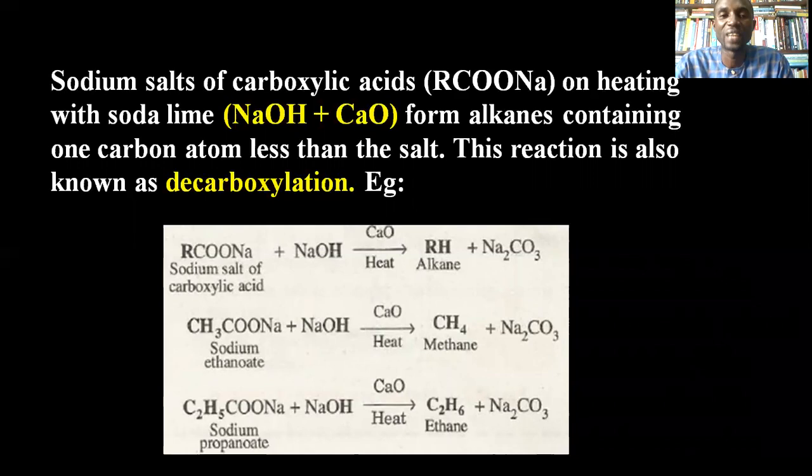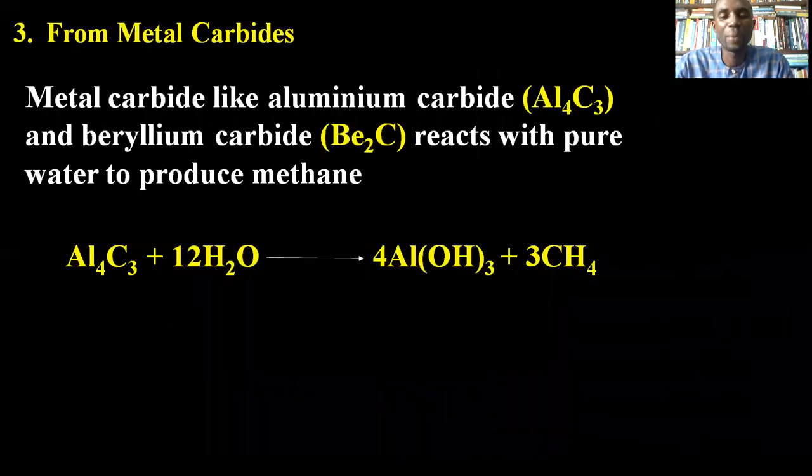We can also prepare it using a metallic carbide. We can prepare methane from what? Metallic carbide. When we are preparing methane, which is an alkane, the reaction of aluminum carbide or beryllium carbide, when it reacts with pure water, will form methane.